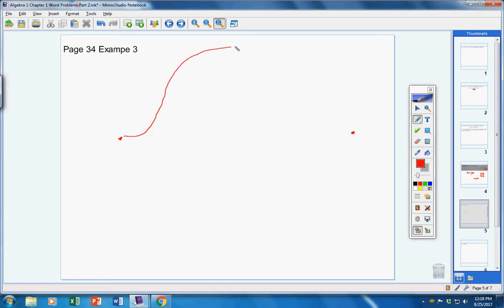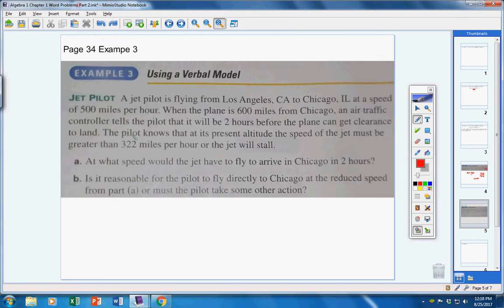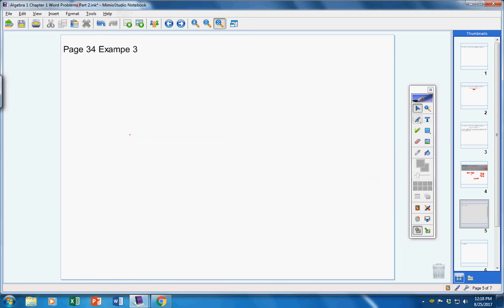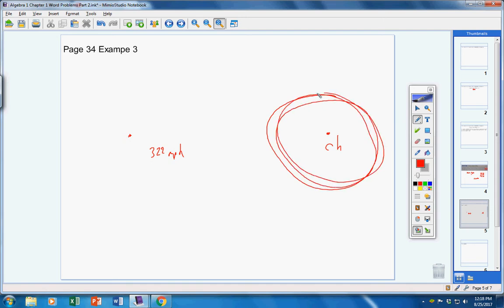Instead of flying in a straight line, he could once he gets there, he could go into a holding pattern where he circles Chicago until he's able to land. Okay, different solutions like that.